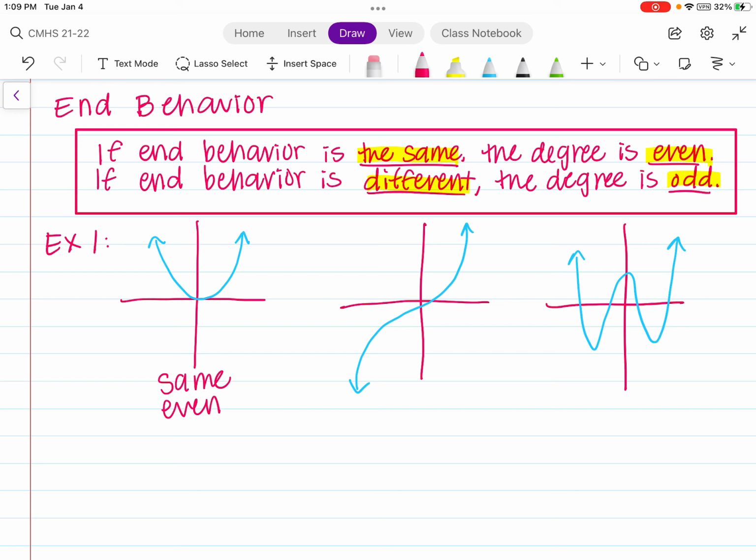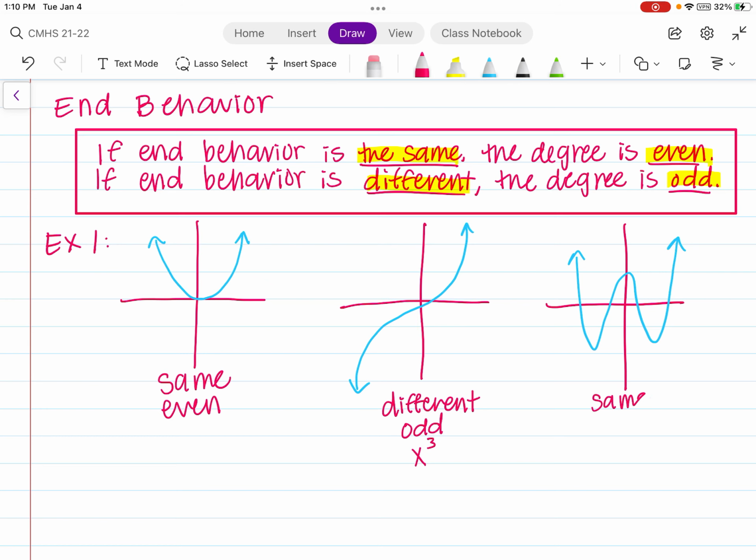How about the second one? Is it going in the same direction or different directions? It's going in different directions. So this one is odd, and it's actually, you don't have to know this, but it's x cubed is the first term there. And the last one, same direction or different directions?